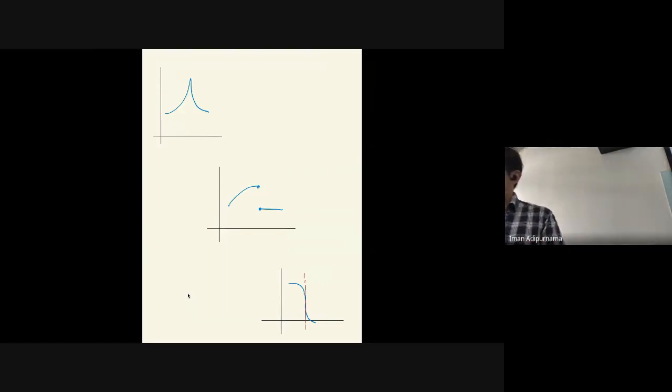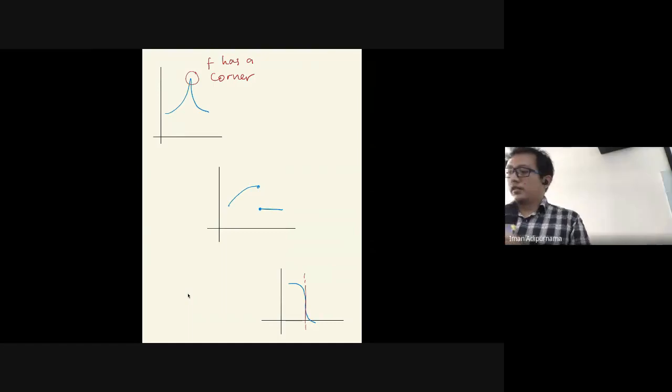The first one, we have a corner here. The function has a corner, which means this is not differentiable. Okay, I will write later.